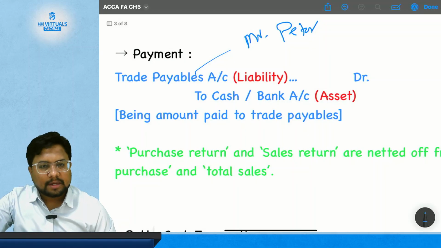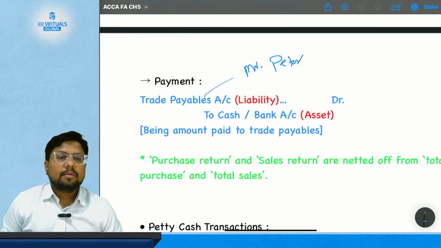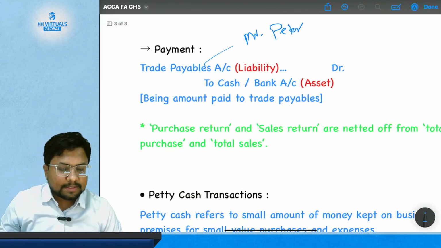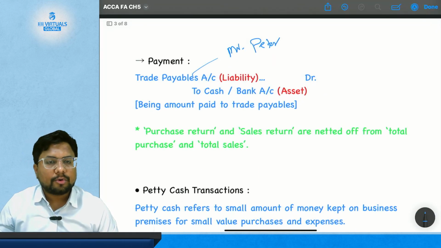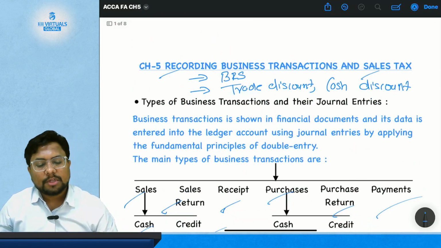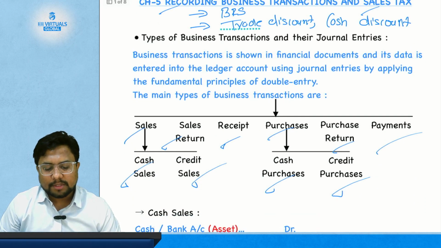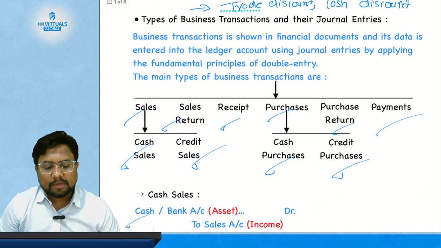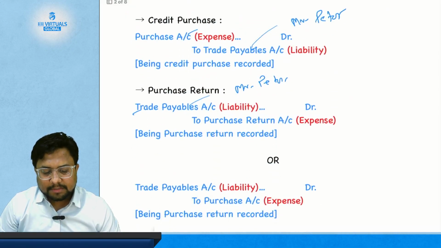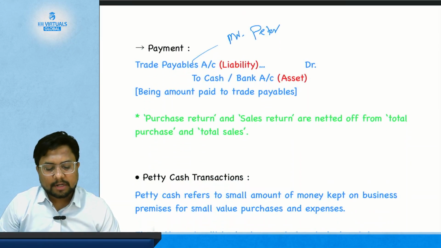Okay, so these are the different types of business transactions in our ACCA syllabus, and we have studied how to record these entries. I used 3 golden rules to explain what the business transactions are and how to record them, and while understanding those, we covered these important topics in our syllabus in an easy manner.